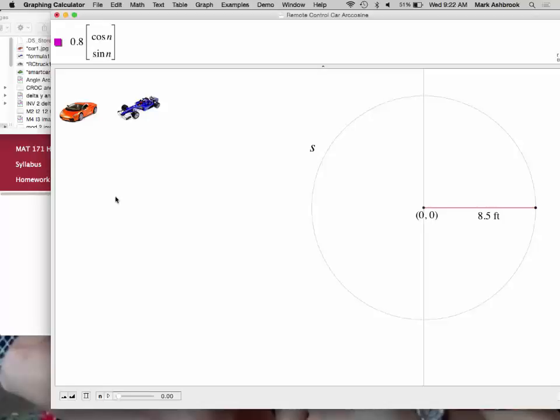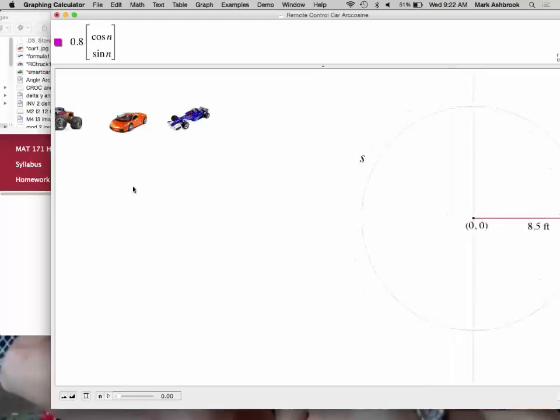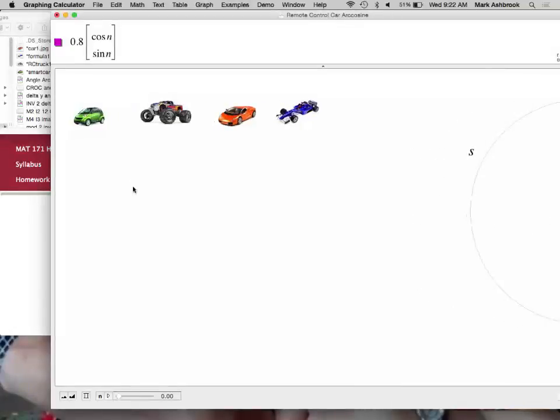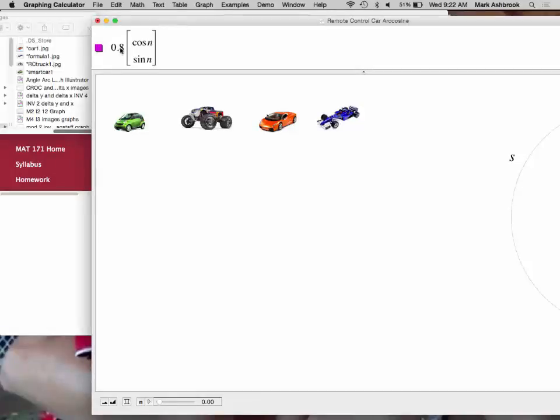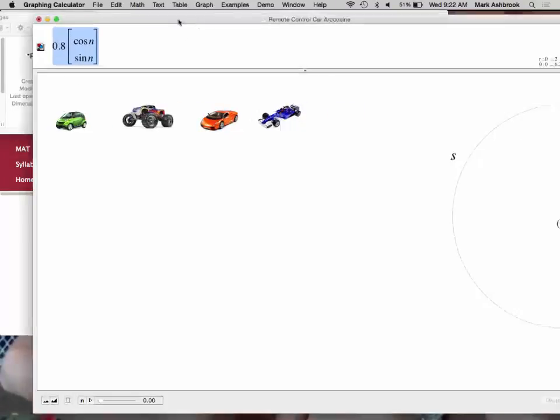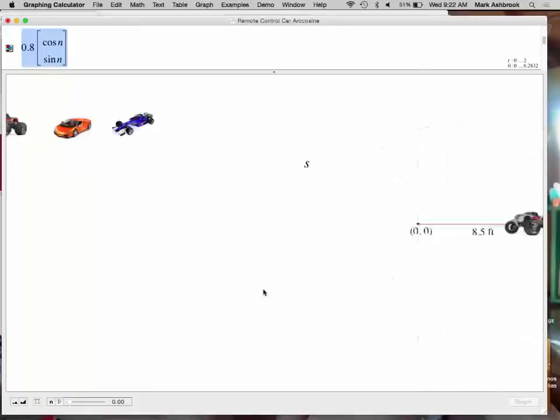Formula One or Lamborghini? Or the monster truck? A monster truck? But what about the smart car? Monster truck. Okay. They want the monster truck. Okay, I can do it. Okay, there it is.